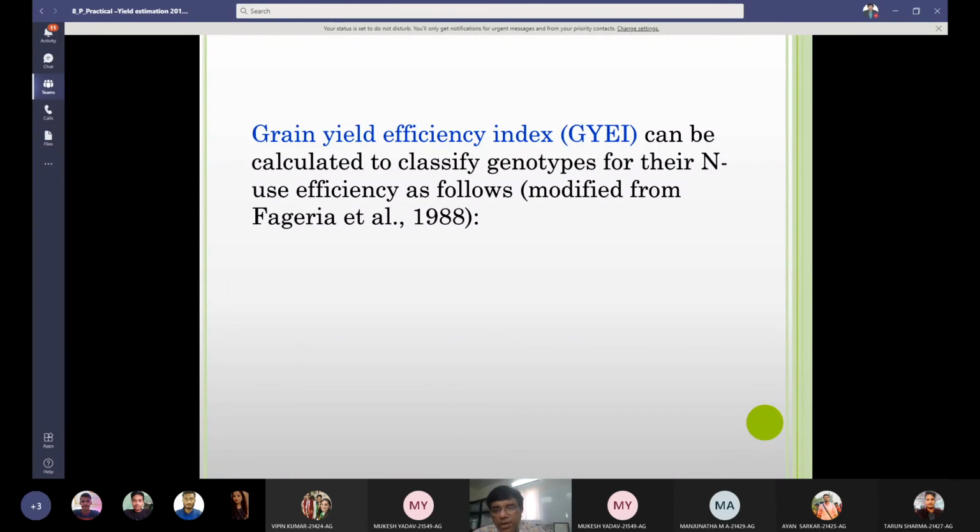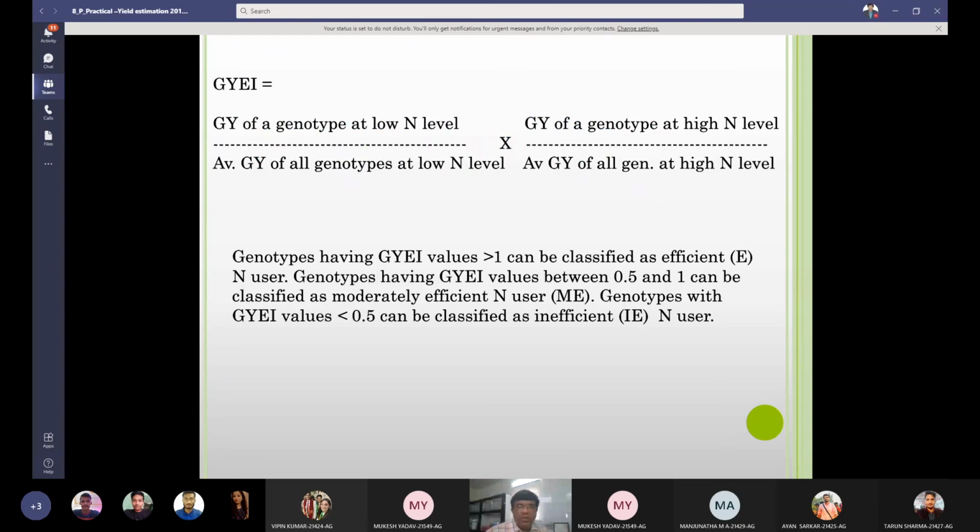Similarly, phosphorus use efficient genotypes. So there may be nutrient specific genotypes which are efficient for that particular nutrient. Now you see how grain yield efficiency index can be worked out. Here it is an example of nitrogen, but you can calculate the same index for phosphorus separately, for potassium, for any nutrient.